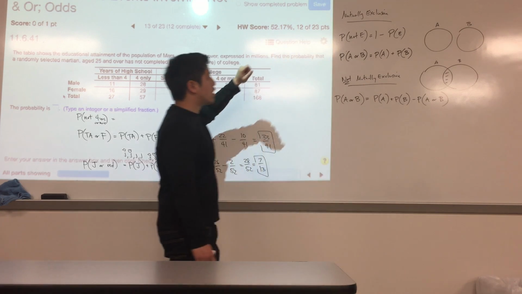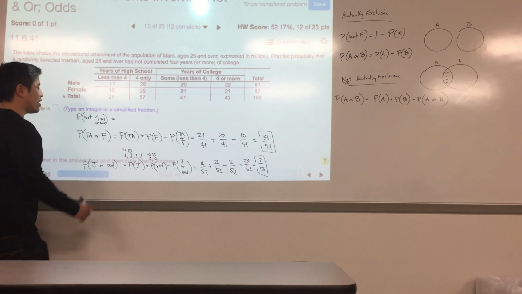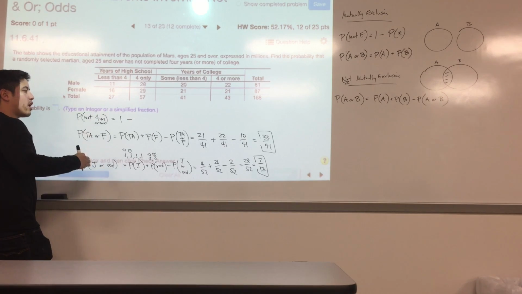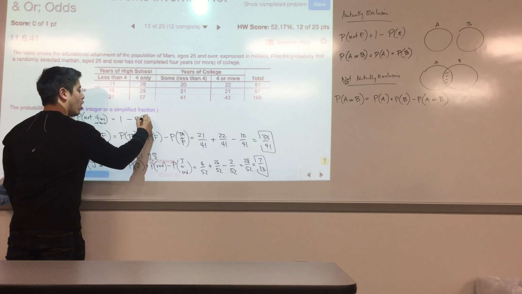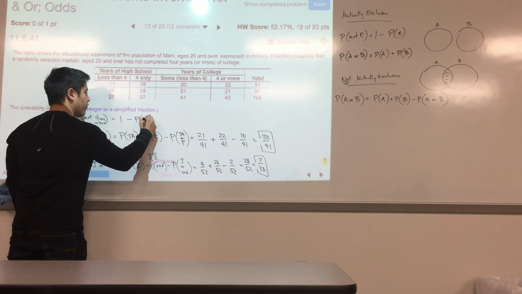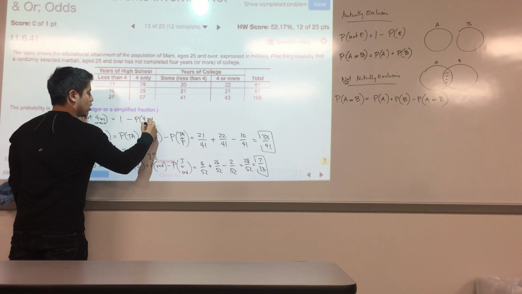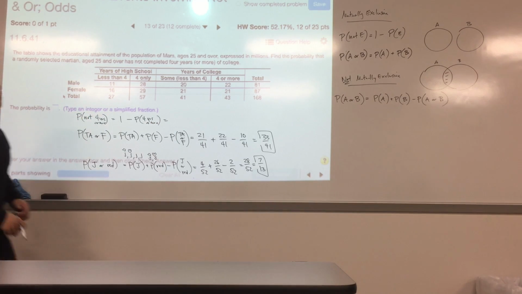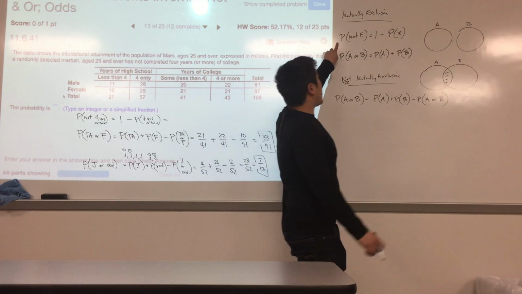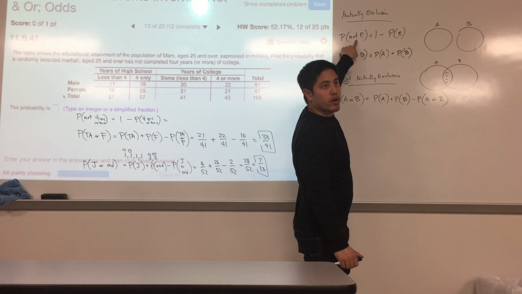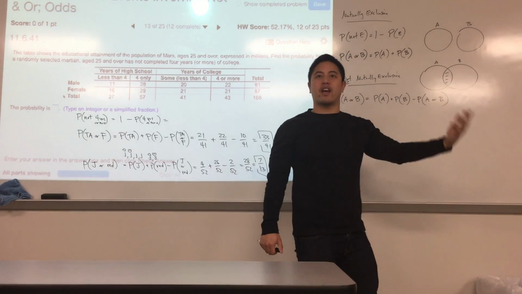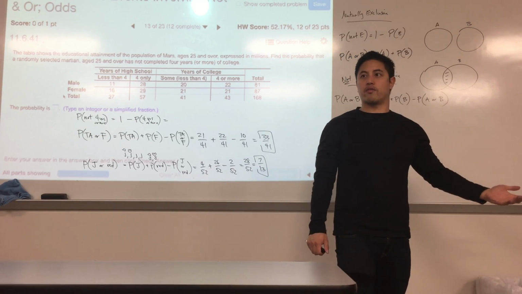Right? So, if that's the case, we know we need to do 1 minus the probability of all the people who are getting 4 years or Martians or more. Take a look at that for a moment. Isn't that true? The probability of not getting 4 years or more college is 1 minus all the people who are getting 4 years or more of college.